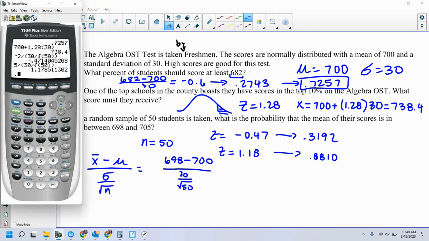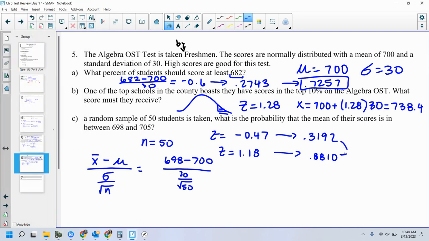And we subtract: 0.8810 minus, oh, I did 0.3190. That gives 0.5618. So I can say about 56% of the sample averages are going to fall between 698 and 705.